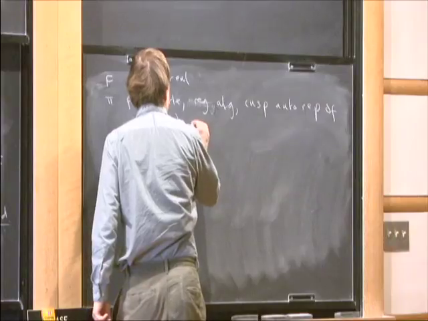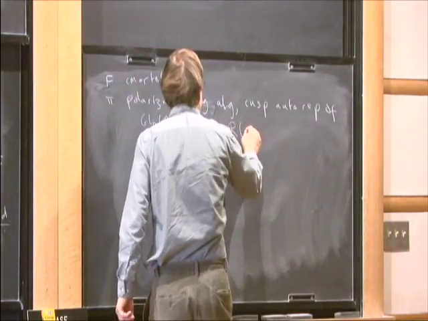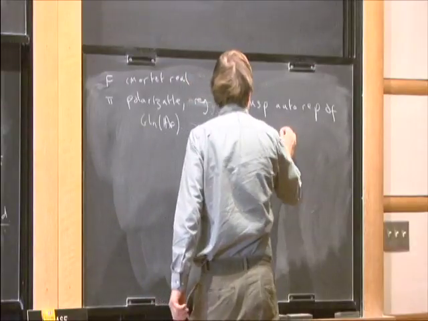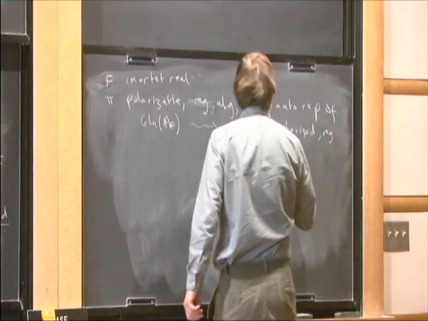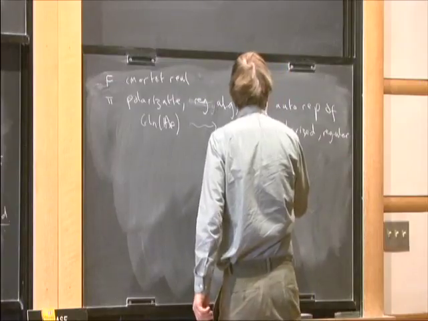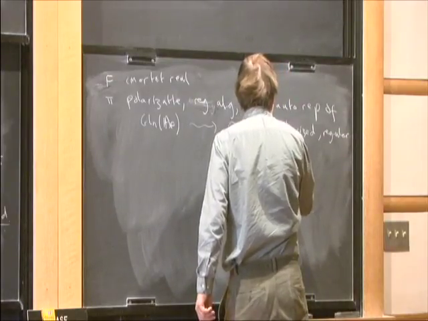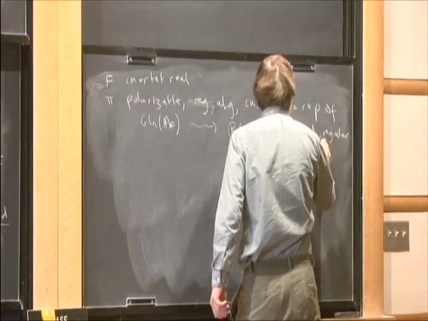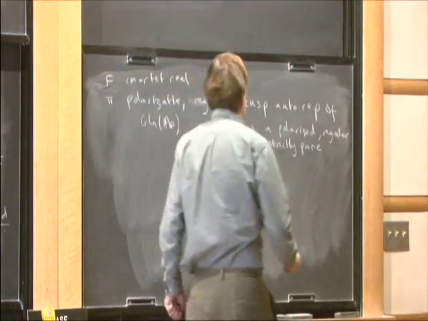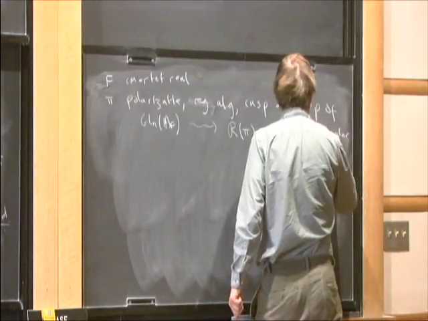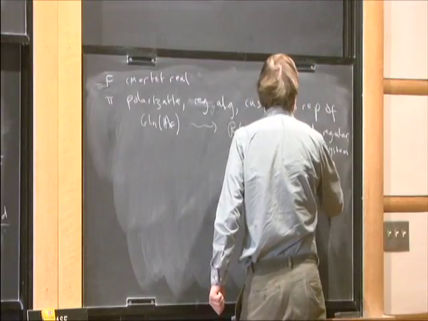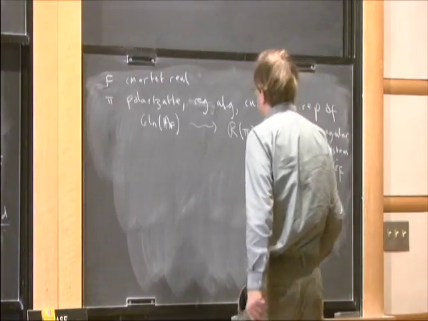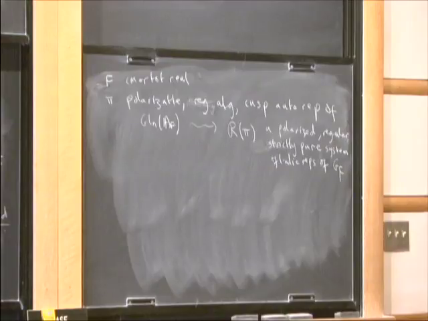So we get R pi polarized, regular, in fact strictly compatible, or even strictly pure, so strictly compatible and pure in the strong sense, system of L-adic representations of the Galois group of F. So the precise definitions of pure and so on I made so that we actually know that.